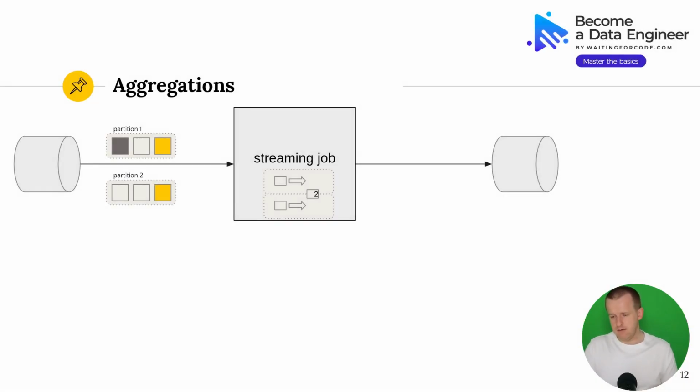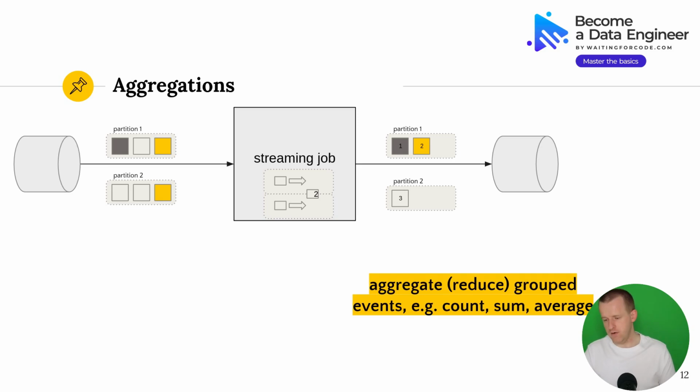After that, there is aggregation. It starts with the same idea of bringing the data to the same partition, but here we have a specific purpose, which is the aggregation, like counts or sums or averages.